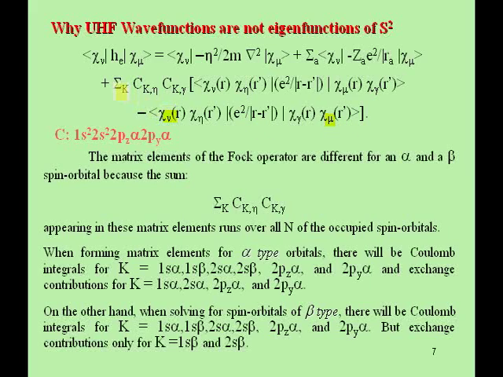In that world, the summation over k would only be 1s beta and 2s beta. It would not have any 2px or 2py at all in its exchange part. So the actual values of the numbers that would enter into the Fock matrix for the alpha and beta world would be different. As a result, the Fock matrices for the alpha and beta world are different.